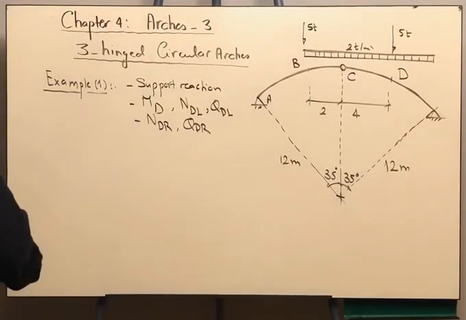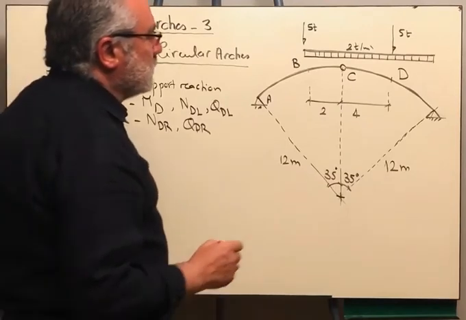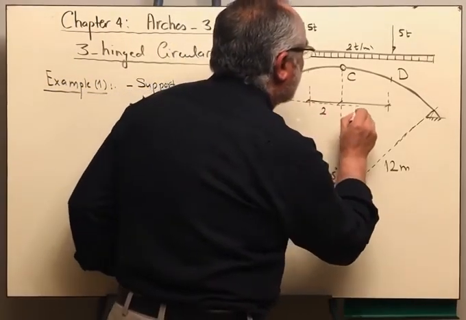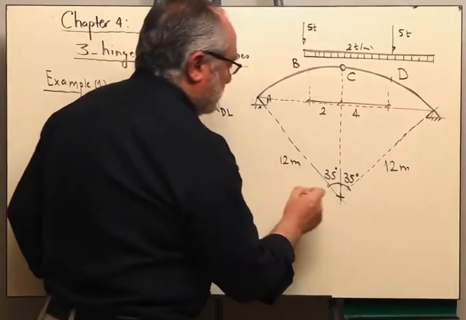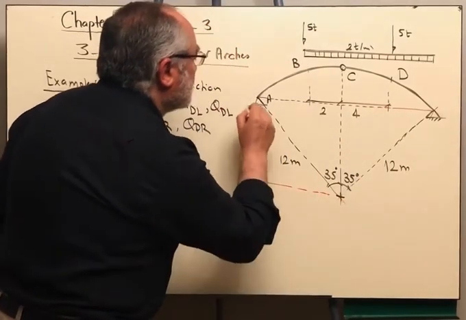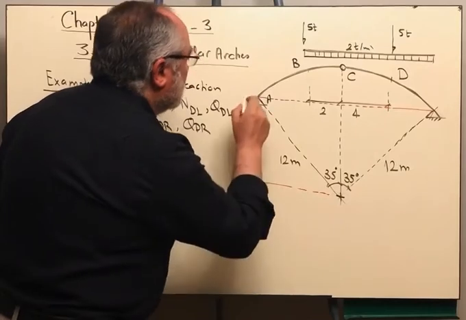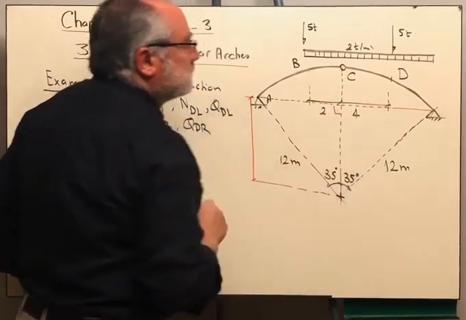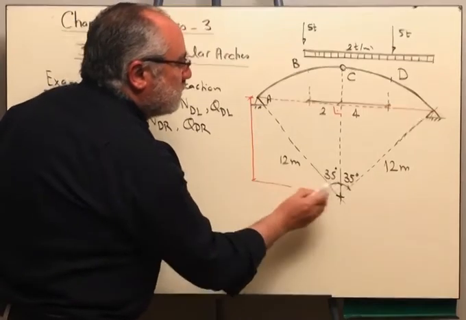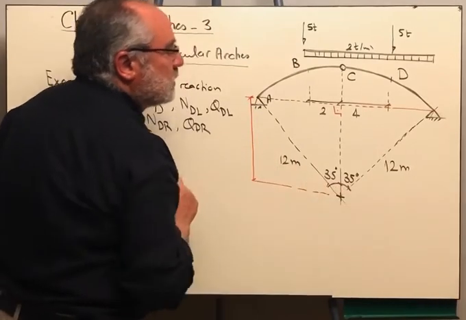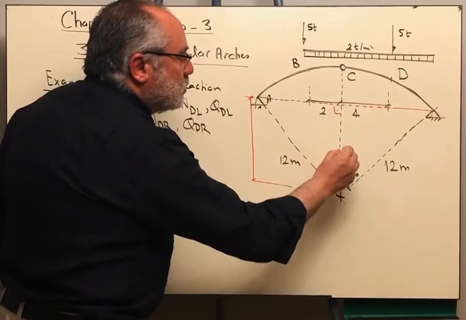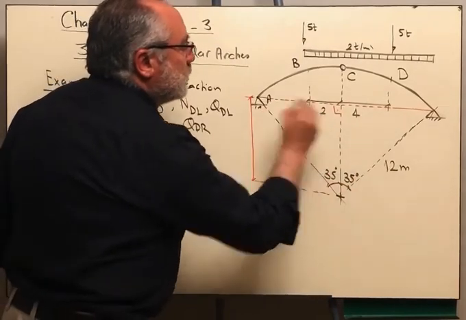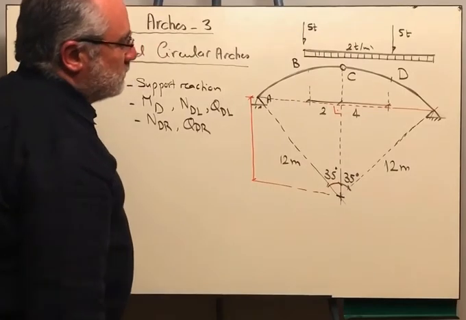So if I would like to determine the geometry, here if you take this line, this distance here, this is a right angle triangle. The hypotenuse is 12, the angle subtended at the center is 35, the adjacent is 12 cosine 35, and the opposite will be 12 sine 35.